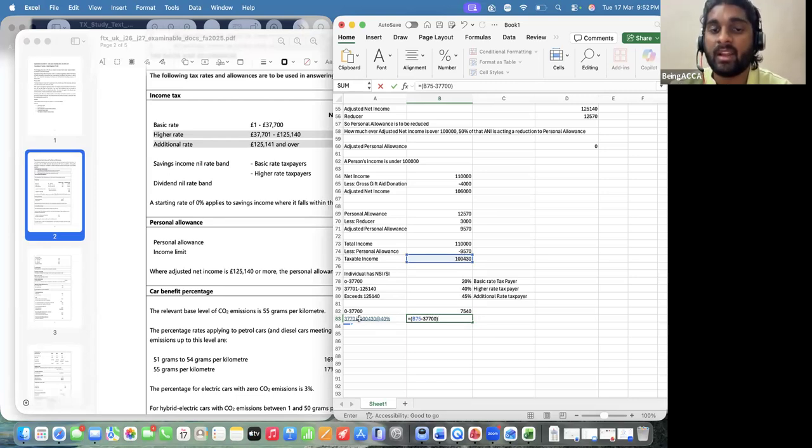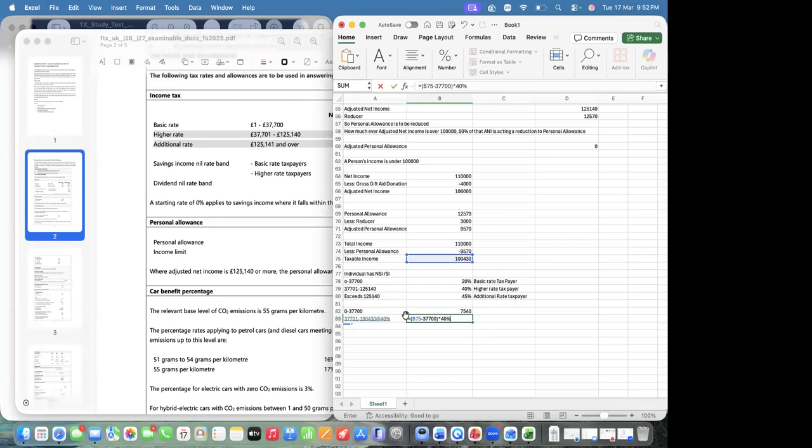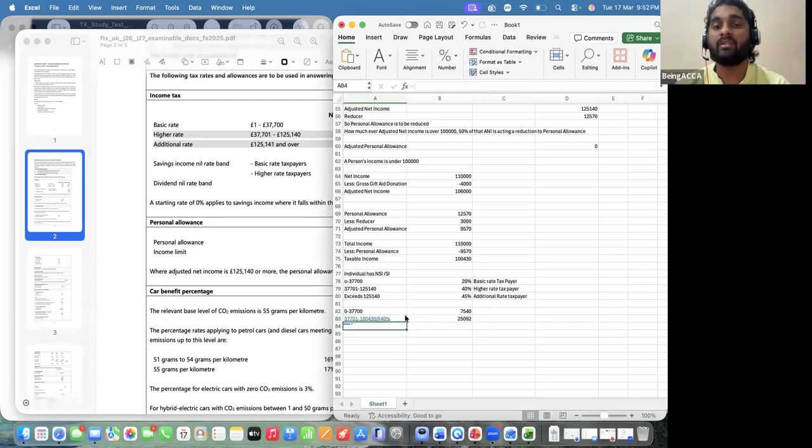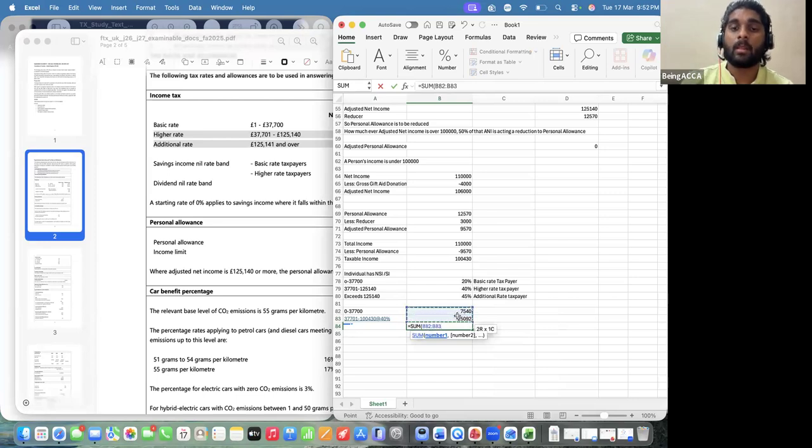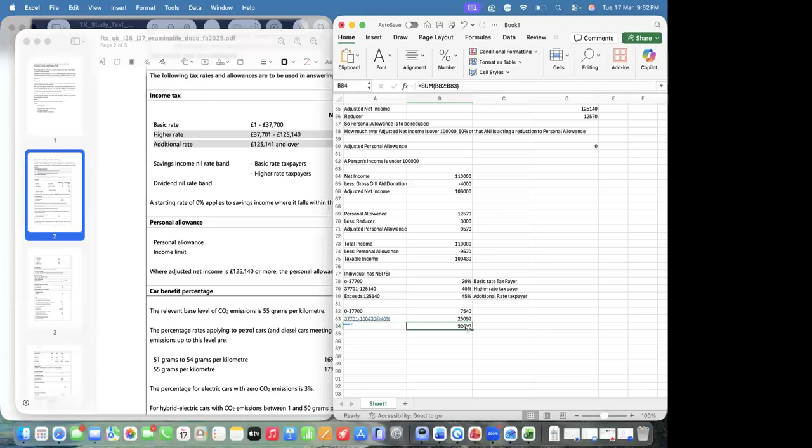It should not be the entire amount. It should only be from this amount to this amount, taxed at 40%. Which will give you 25,092. So making the total liability 32,632 pounds. Is this clear? Yes, sir.